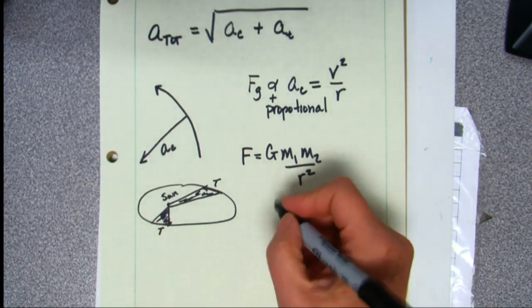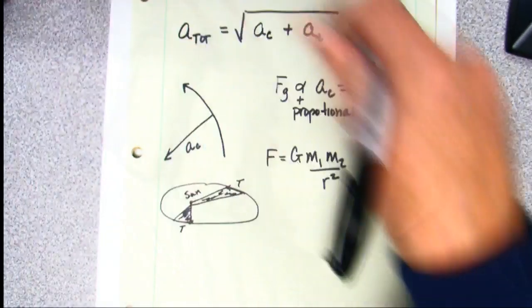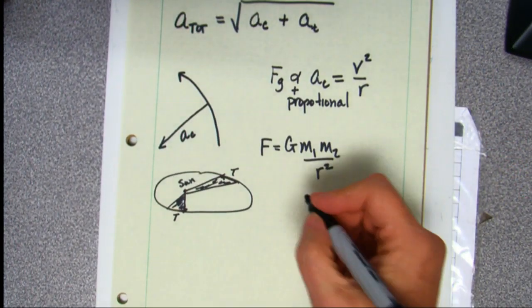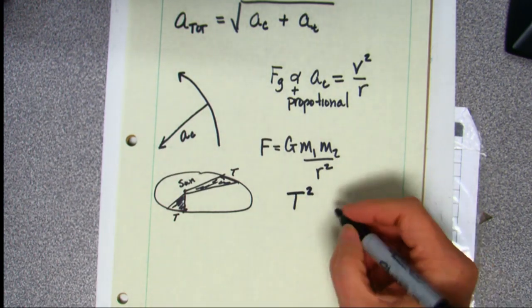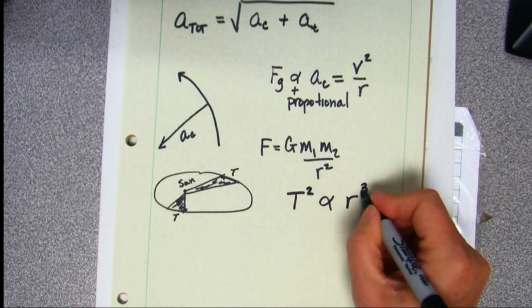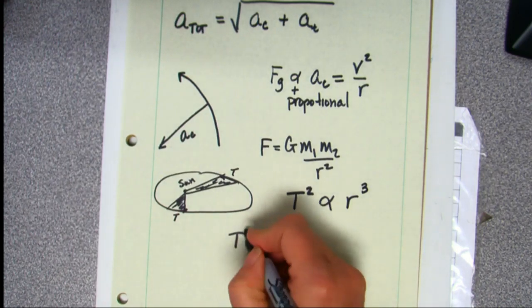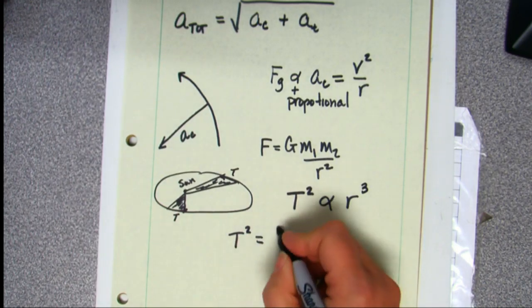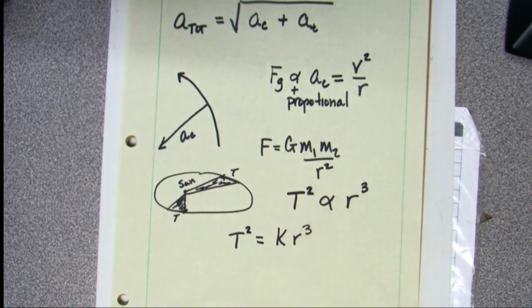But one of the critical things was, and it kind of helps lead to this right here, that the nominal period squared is proportional to the nominal radius cubed. And that meant we could do that T squared is equal to some constant, big constant k, r cubed.